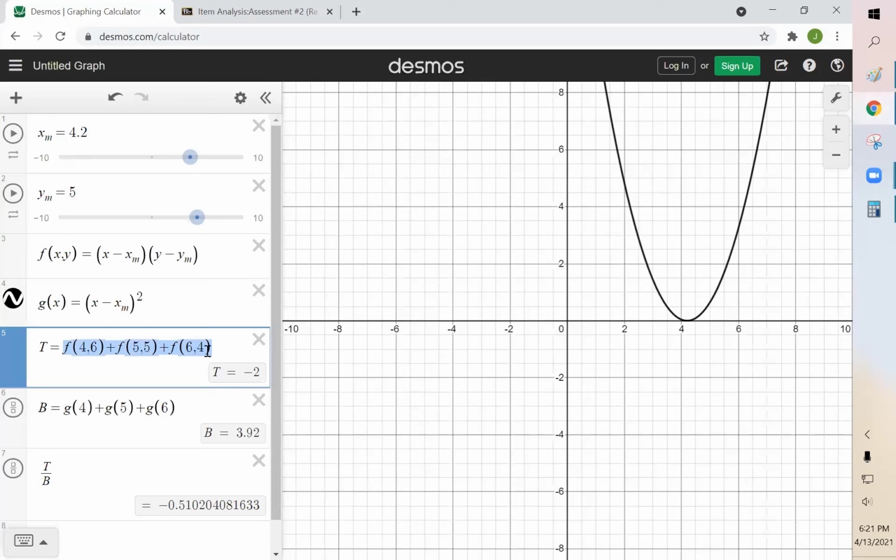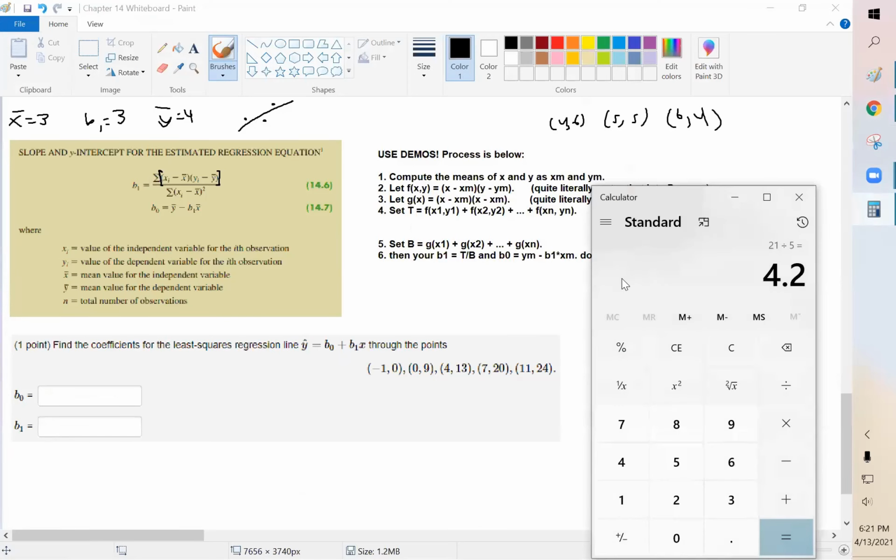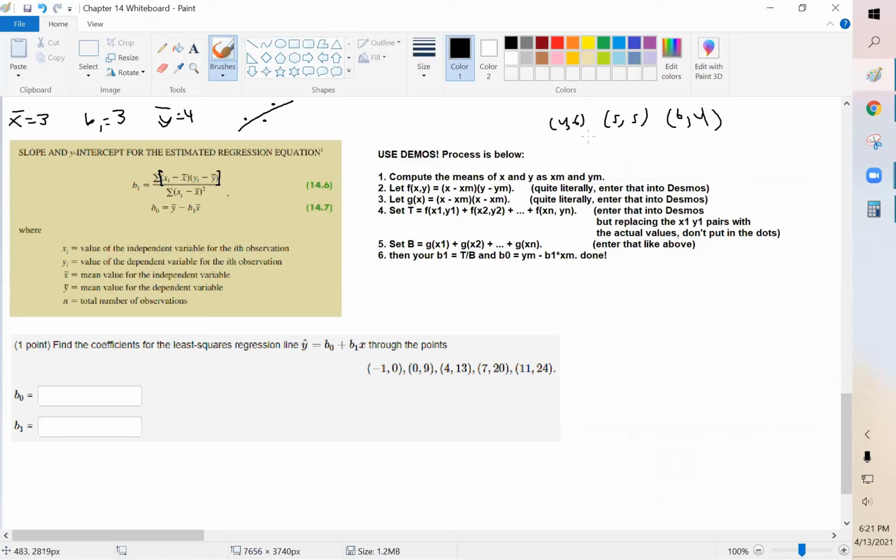Let me get rid of this for the time being because we don't have those points. Now, for the Y bar, we have 0, 9, 13, 20, and 24, and we divide that by 5. So our Y bar is 13.2.